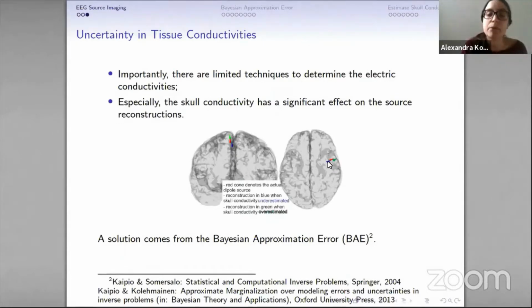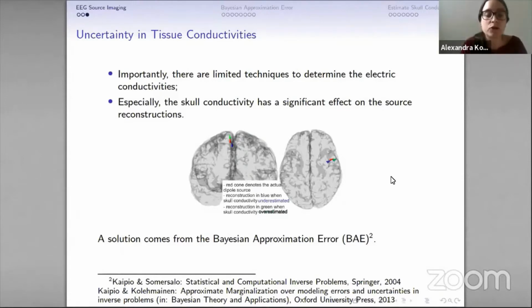In the blue case we have overestimated the skull conductivity, so we have taken higher conductivity than the actual person. In the other case, we have underestimated. It means that we have taken lower conductivity than the actual one. So we see the displacement of the source in this simple example.